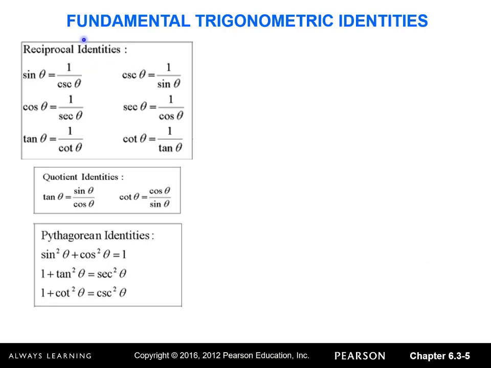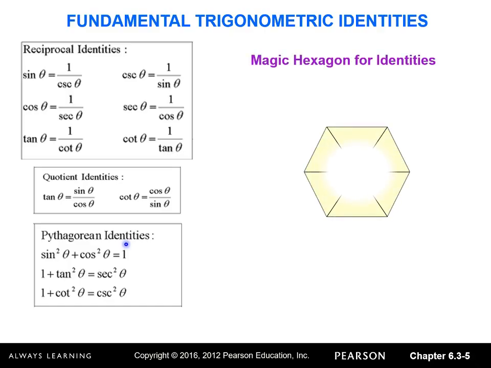Now these are the fundamental trigonometric identities. First is the reciprocal identities, second is the quotient identities, and the third is the Pythagorean identities. I will be sharing a magic hexagon for memorizing identities, or if you have any other way of memorizing these identities, you can do that.